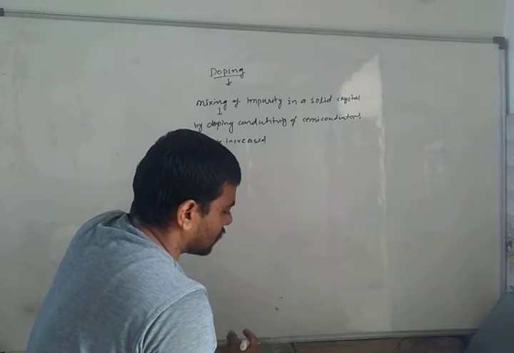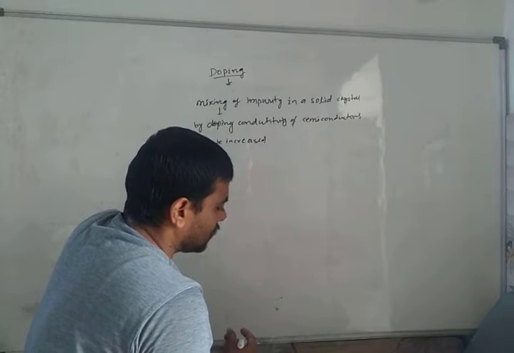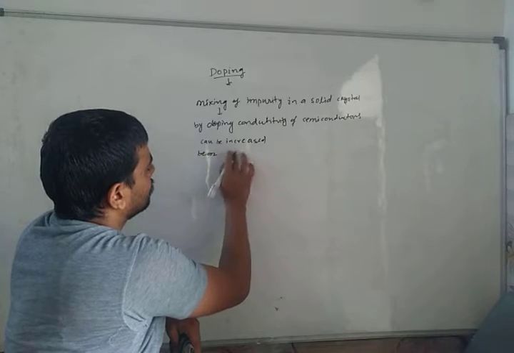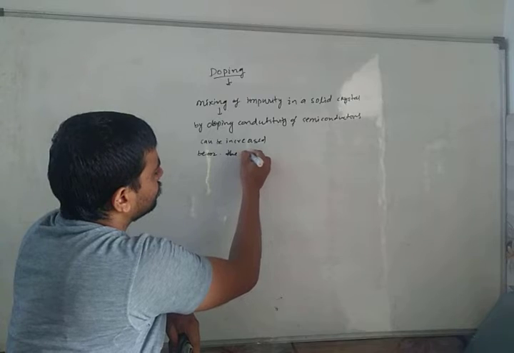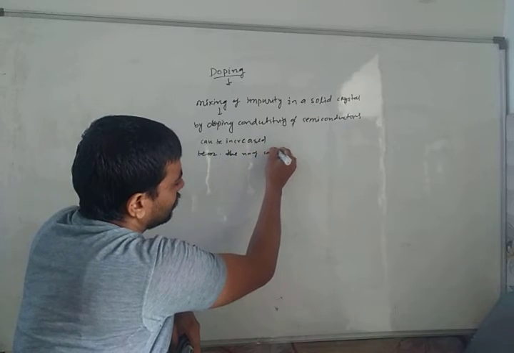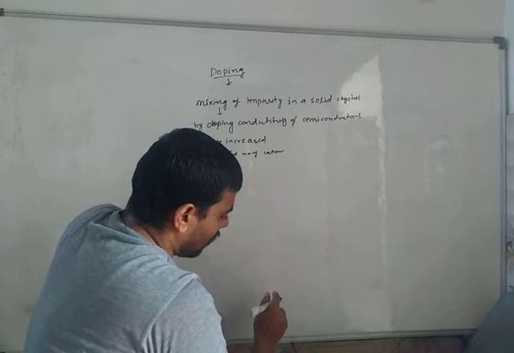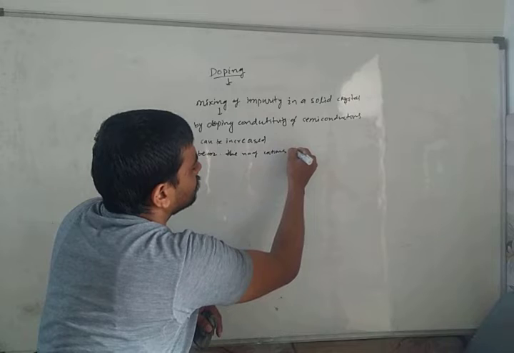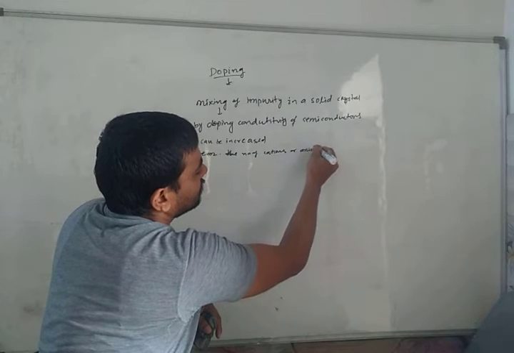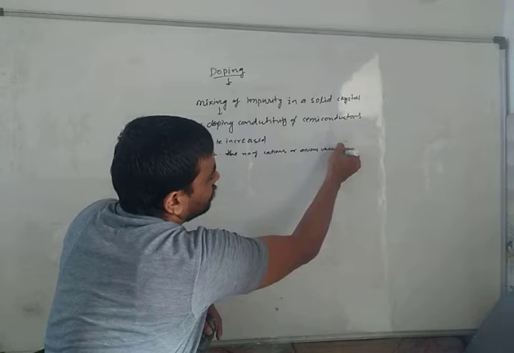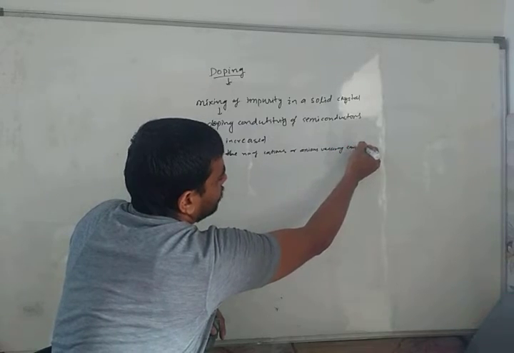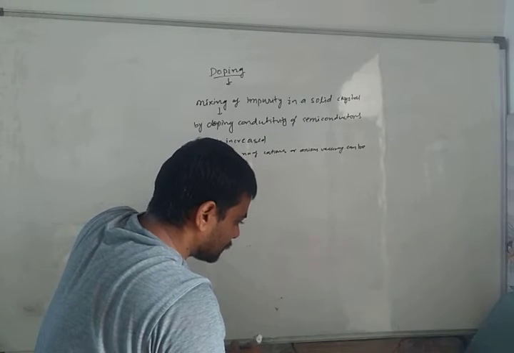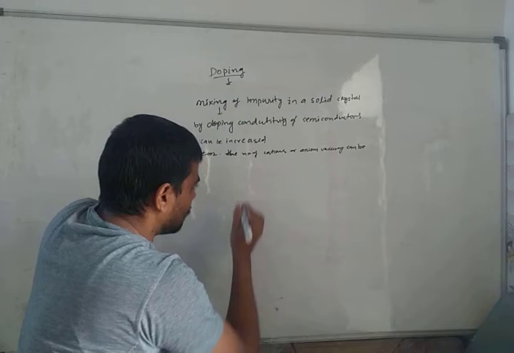The number of electron or cation vacancy can be increased because the number of cation or anions vacancy can be increased by doping.